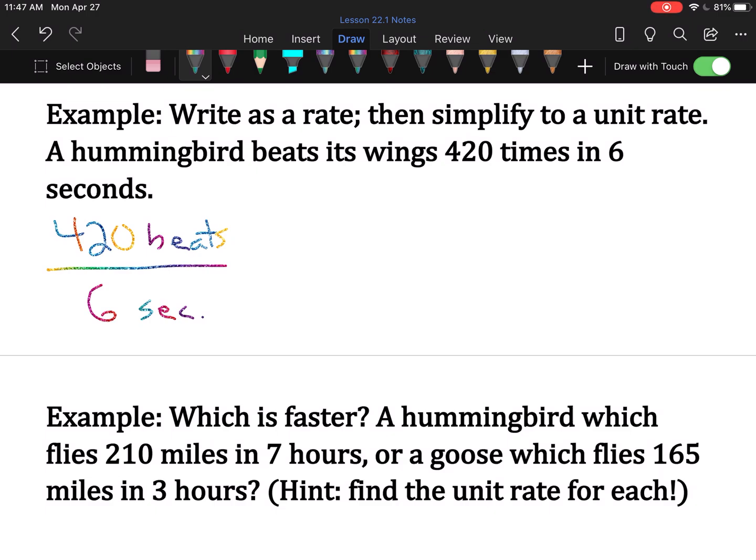That's why we're going to use beats. Simplify this to a unit rate. What that means is grab your calculator and do 420 divided by 6. You'll get 70. That is beats per second. That's all it is, guys. A rate is two numbers that have different units of measurement, and a unit rate means divide them.